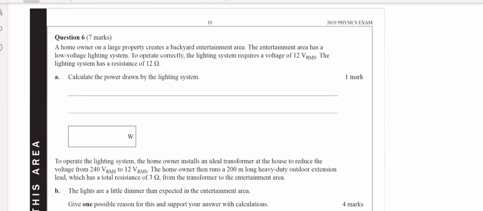Calculate the power drawn by the lighting system. We can use P equals V squared over R. 12 squared over 12, which is 12 watts.